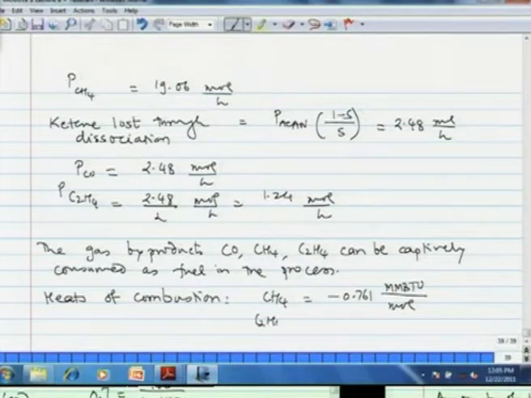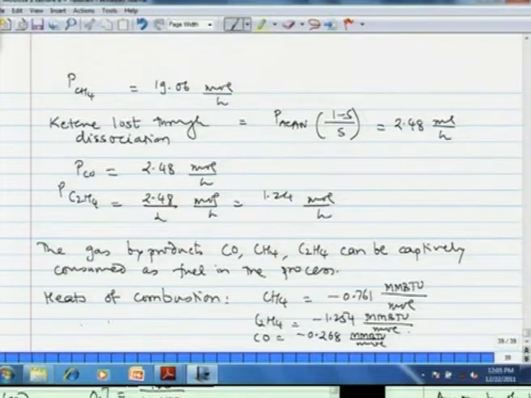For ethylene, minus 1.254 million BTU per mole, and for carbon monoxide it will be minus 0.268 MMBTU per mole.